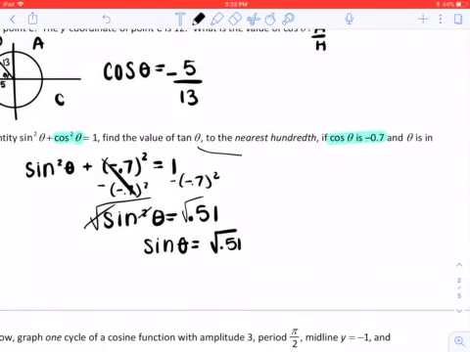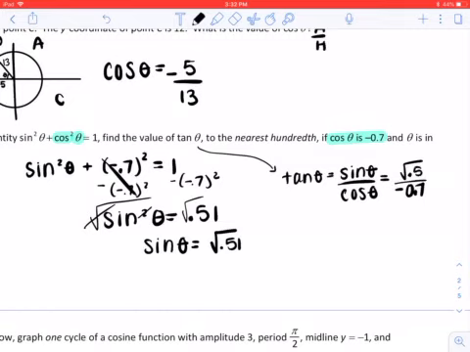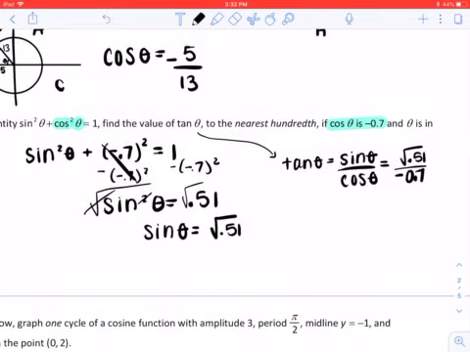So now last step, tangent. I know that tangent of theta equals sine of theta over cosine of theta. And it already told me cosine was negative 0.7. And I just found sine is the square root of 0.51. So it says to round this to the nearest hundredth.